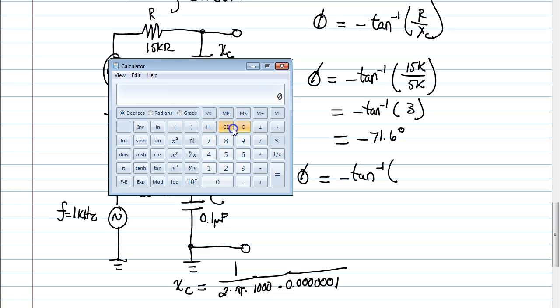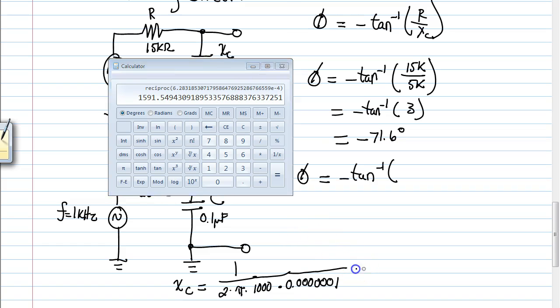All right. So that's 2 times pi times 1000 times 0.0000001, and then find the inverse. 1591, or if I round up, 1592.